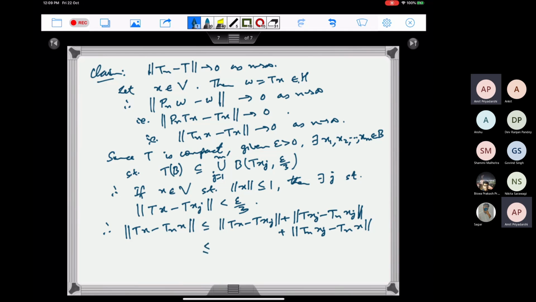And then the first one is less than or equal to the norm of Tx minus Txj, which is less than or equal to epsilon by 3. And the second one is Txj minus Tnxj.